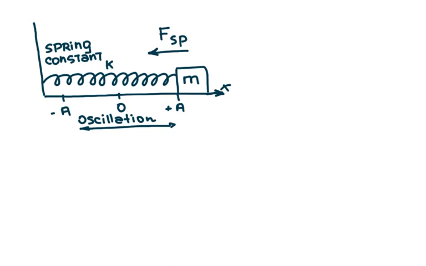In this question, they say a mass on a spring has a maximum kinetic energy, and they give you that maximum kinetic energy. So you see that the block is going to be away from the spring's equilibrium, which is the 0 point, by distance A, so negative A and positive A on the x-axis. If I pull the spring away from its equilibrium to position A, then it has potential energy.